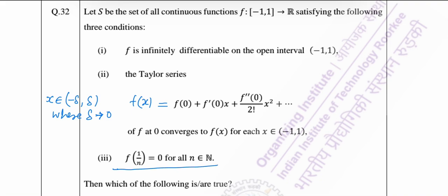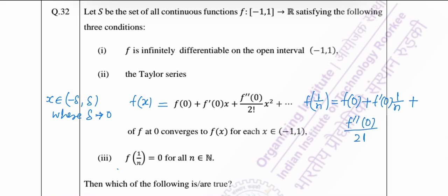You see here the third one, and if I put x equals to 1 by n, then the same will be as you see here on the screen. f(1/n) equals f(0) plus f'(0) times 1/n plus f''(0)/2! times 1/n squared, and so on.